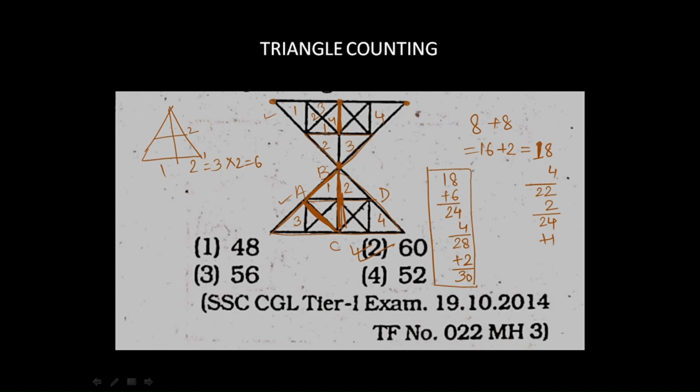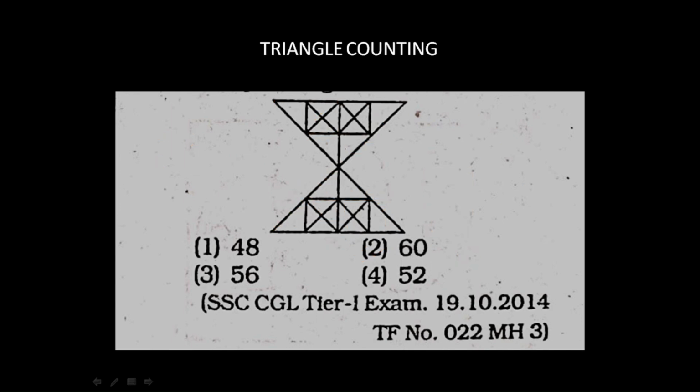Okay, I'm just clearing it for you and doing it again. How will we calculate these 30 triangles? Look, these two are identical figures or mirror images. So if 30 triangles are in one figure, then it will be 60, right? So look at this carefully. We have already discussed this part in type 3 and type 4.